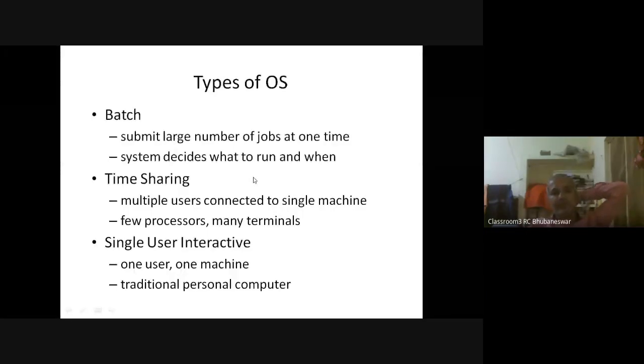Then different types of operating systems. First one is the batch operating system. What is a batch operating system? It was used earlier. Similar jobs are grouped together and make a batch. For example, a C program file A.C, a second program B.C, a third program D.C, three programs.